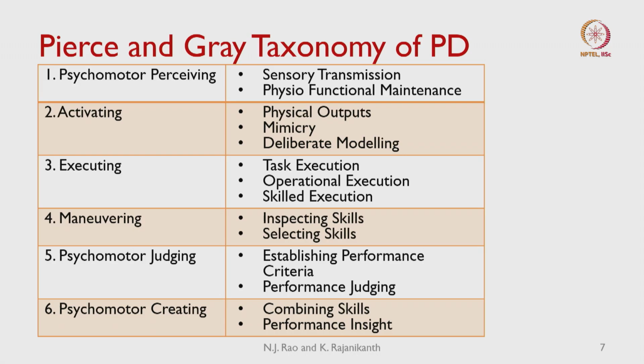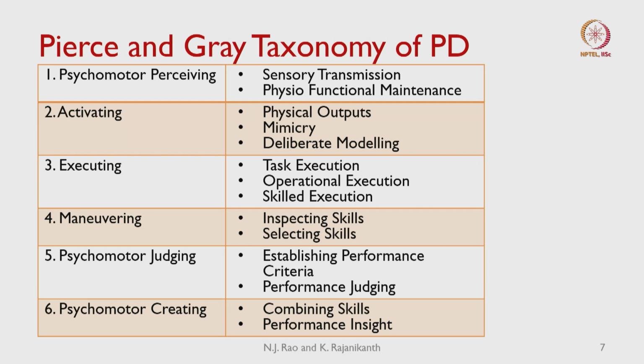Then you maneuver, that is also part of learning, that is you now inspect your own skills. You observe a more skilled person and you select a particular sequence of activities, and that is part of maneuvering. That is, depending on your convenience or your liking or your body, you select, this is the way I am going to do it.